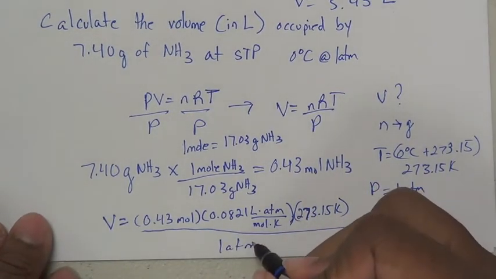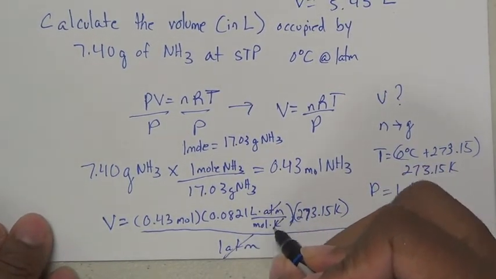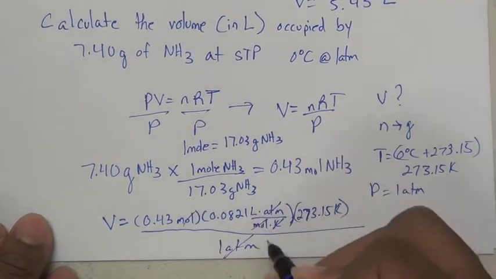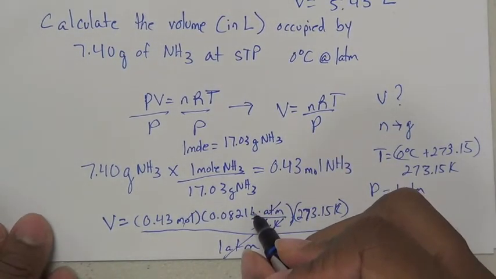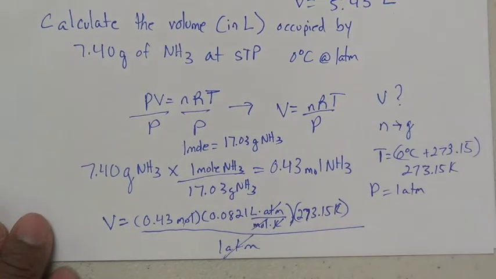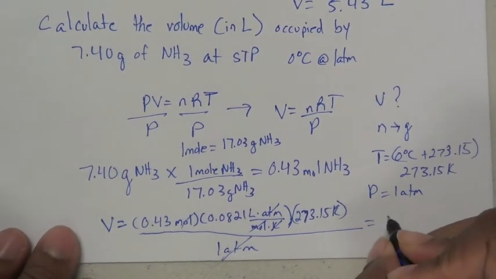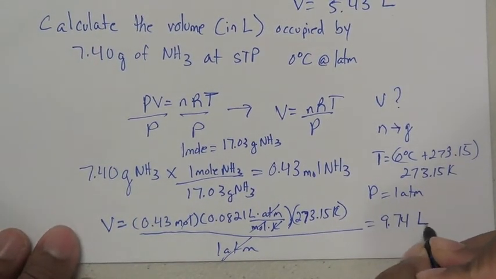The atmosphere cancels out, the Kelvin cancels out, the mole cancels out, leaving us with liters, which volume is always in. So we put that in the calculator and we should get 9.74 liters.